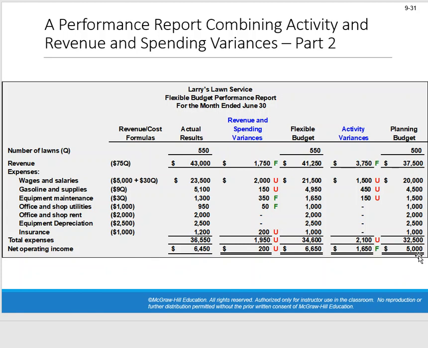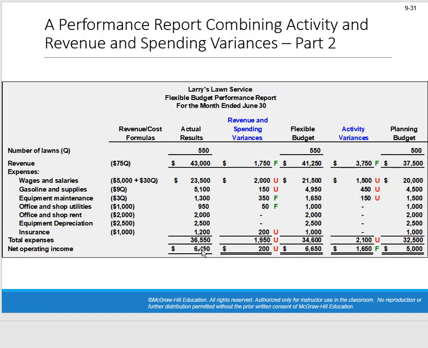Fantastic. But we asked the question, well, did we have more net operating income because we mowed more lawns, or did we have more net operating income because we did a great job controlling our costs? And what we find out is that that overall variance of 1450, well, we should have come in 1650 higher based on the activity variance, but we didn't do a great job controlling our costs, so we only came out with 6450.